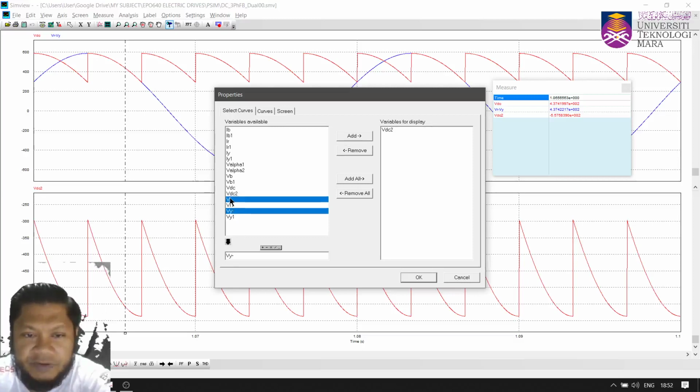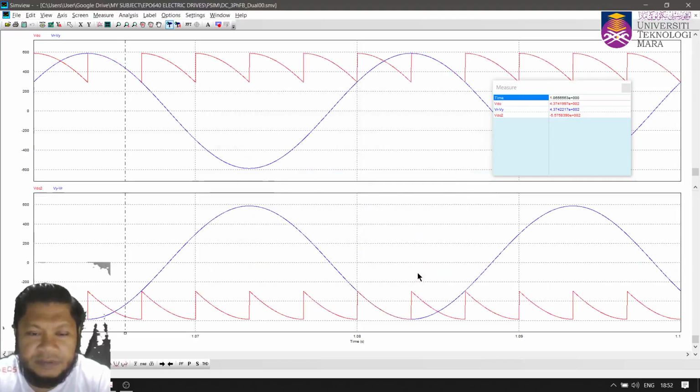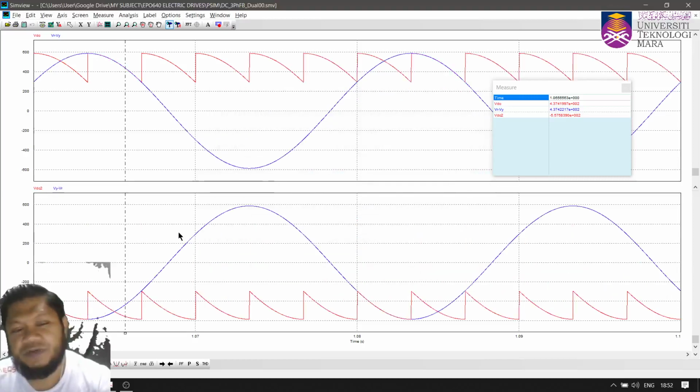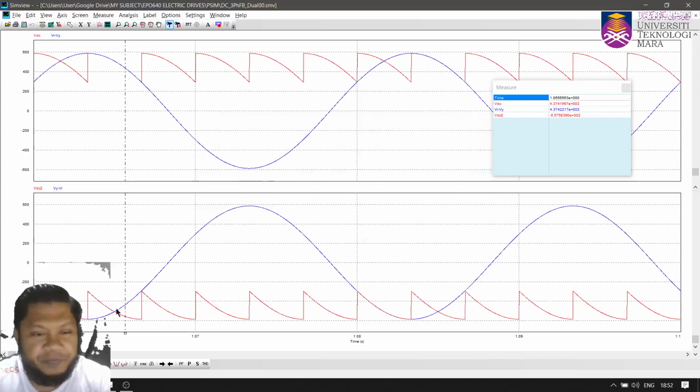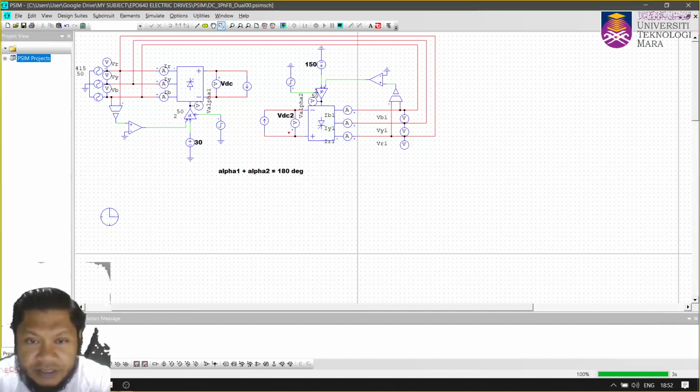Remove this, and I have Vy minus Vr. Right? It should be the other way around. Sorry, there you are. Yeah, so it follows this line to line voltage, and this is the VDC. If I can show you again, the voltage across that, positive and negative, and here I'm actually measuring the positive and negative here, isn't it?